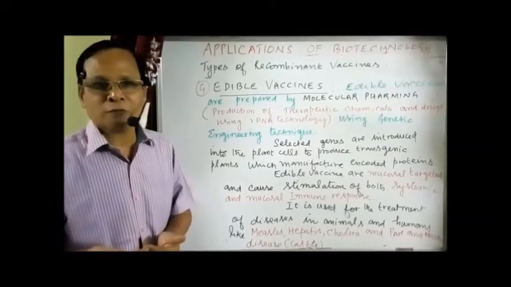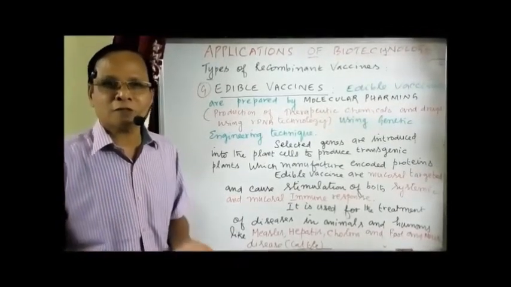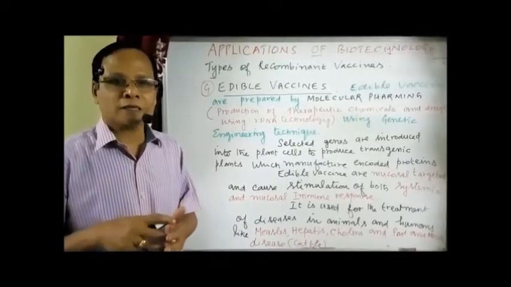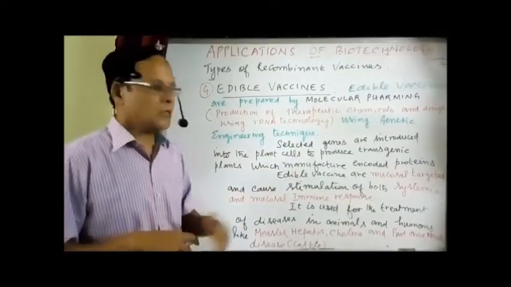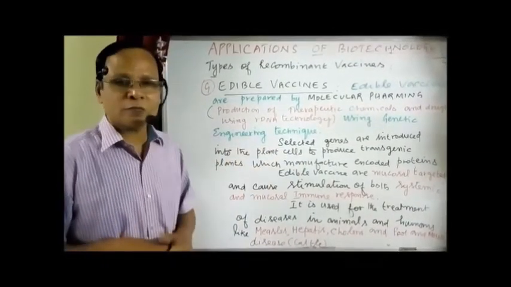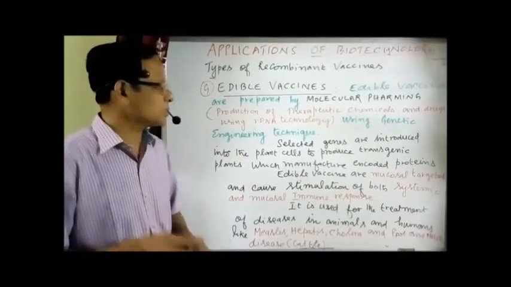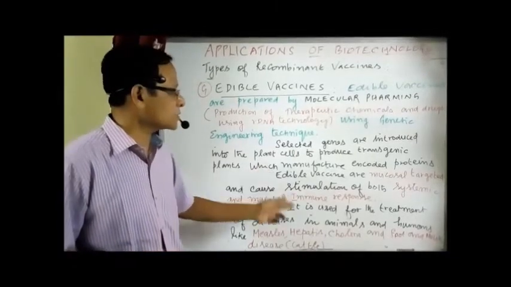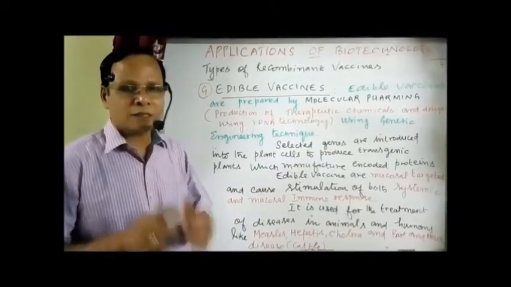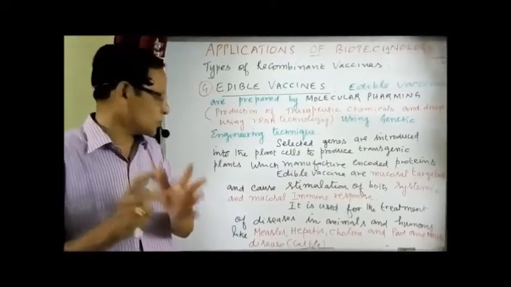The mucosal layer is present in the respiratory tract, digestive tract, urinary tract, etc., where pathogens sometimes accumulate. So the infection of the mucosal layer is treated with the help of edible vaccines. That's why I mentioned edible vaccines are mucosal targeted, targeting the pathogens found in the mucosa.